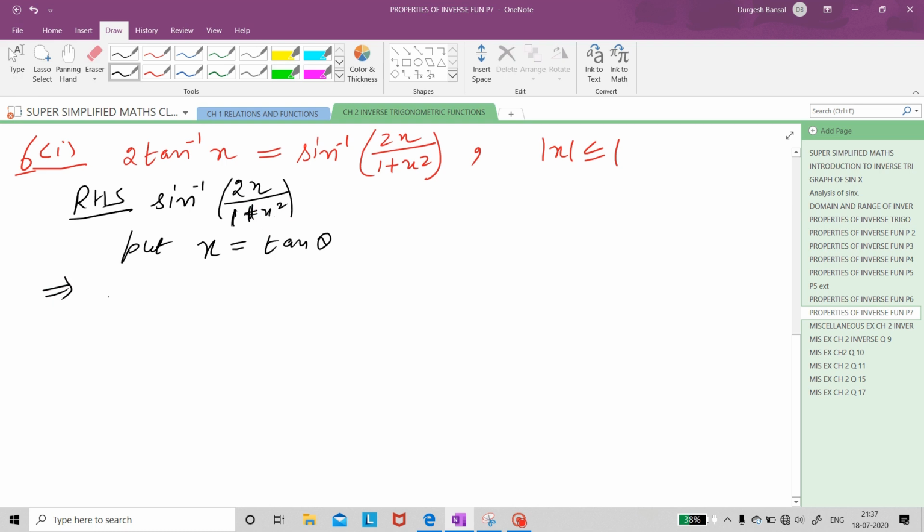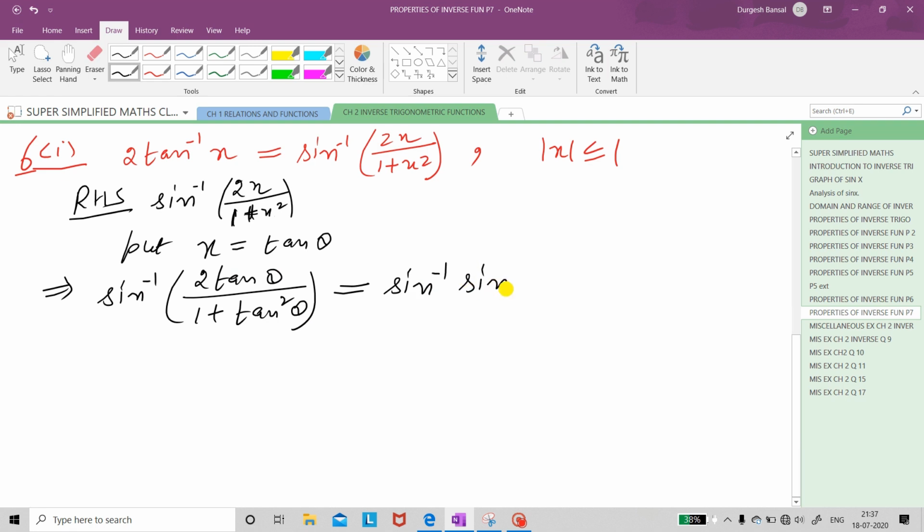So we get the right hand side to become sine inverse 2 tan theta upon 1 plus tan square theta, which is equal to sine inverse sine 2 theta.